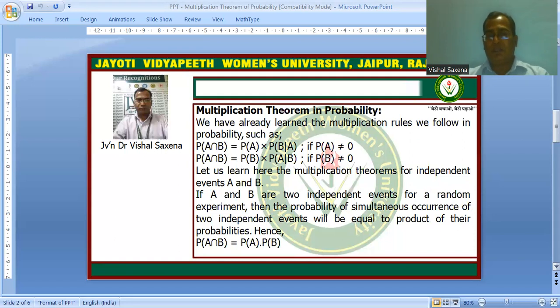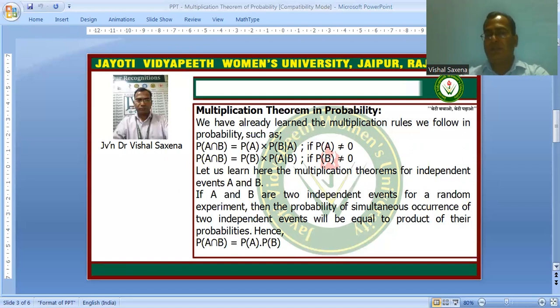Now we are going to discuss the multiplication theorem in probability. We have already learned the multiplication rules, such as P(A intersection B), the probability of the common occurrence of the two events A and B. It is given by P(A) into P(B given A), and P(A intersection B) can also be defined as P(B) into P(A given B).